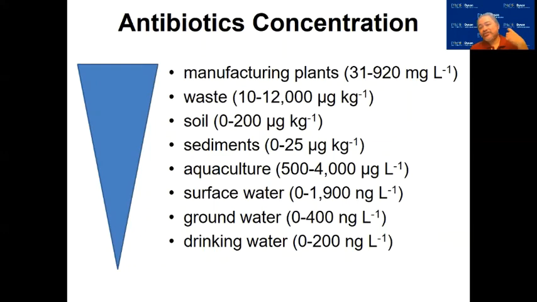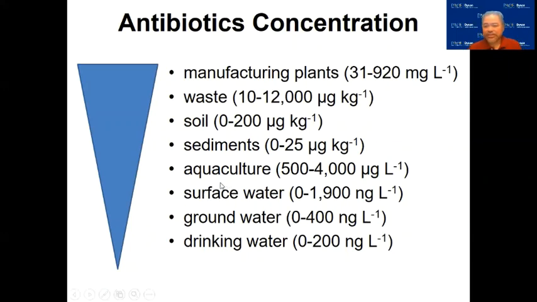Then its concentration decreases as it goes to the wastewater, and some of them end up in soil. From 12,000 microgram per kilogram, it's reduced to 200 microgram per kilogram in soil. And then some of them will be in the sediments, around 25 microgram per kilogram.